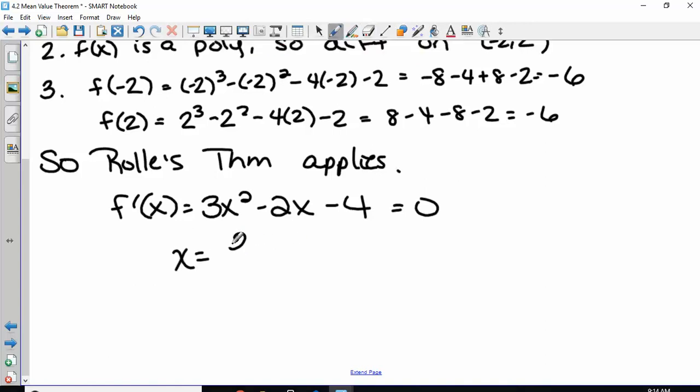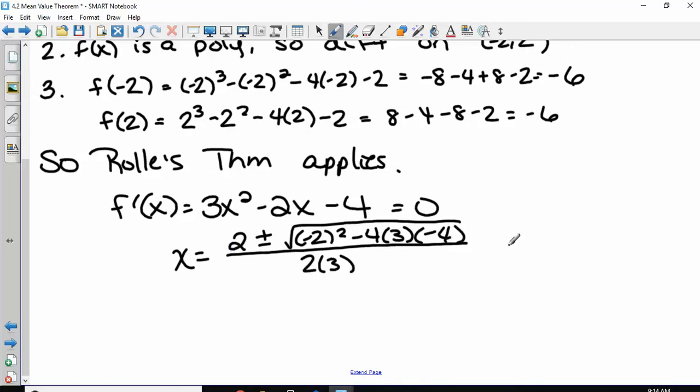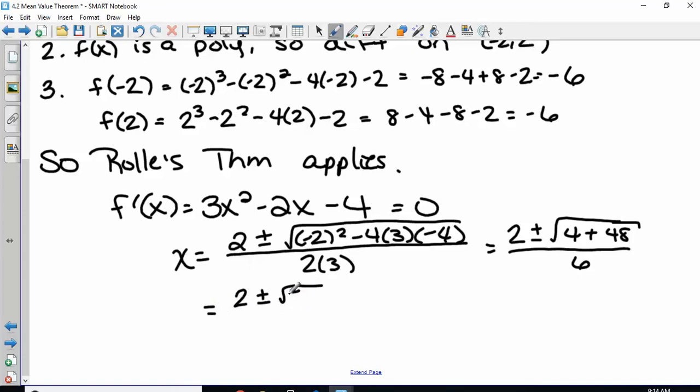So opposite of b plus or minus the square root of b squared minus 4ac all over 2a. Let's just keep this in radical form.